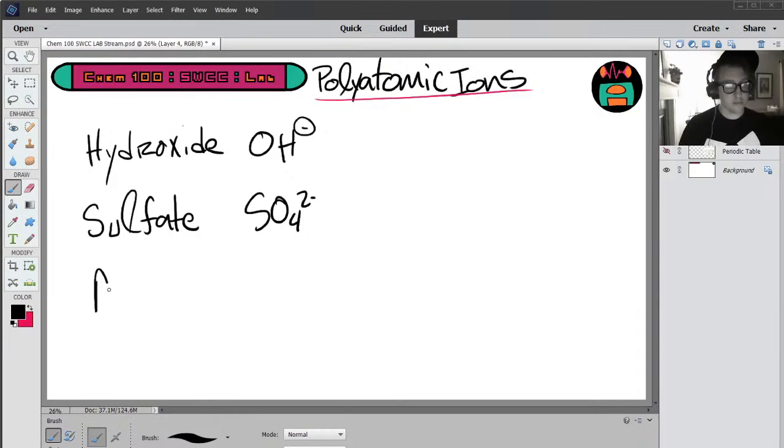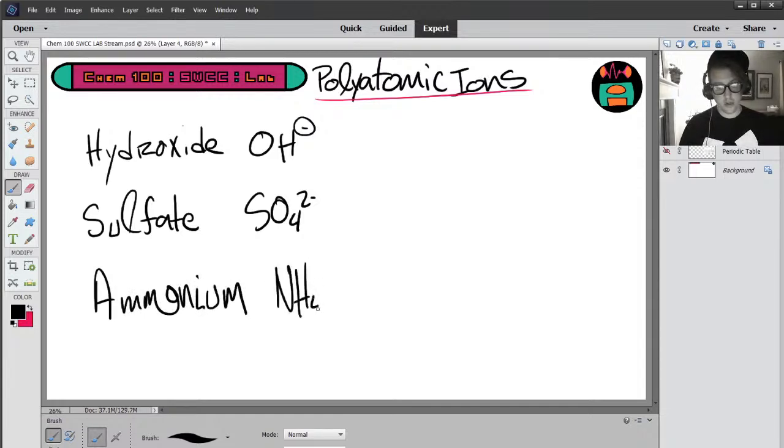Ammonium is NH4 with a positive 1 charge. Now, these things are just a matter of memorization. There's no other way around it, really. You just have to know what they are.